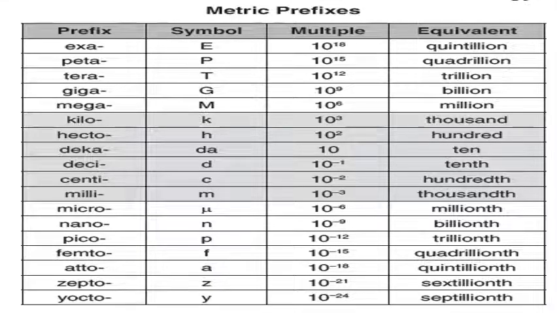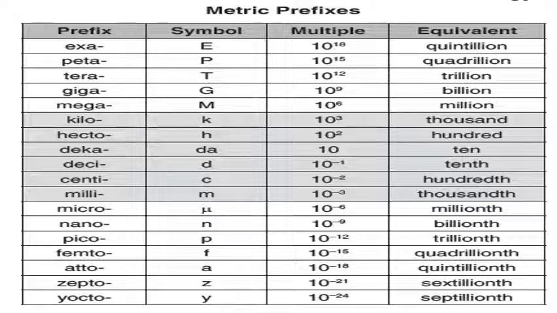Next is peta, with the symbol P, 10 to the power of 15, or a quadrillion. Next is tera, with the symbol big T. It is equal to 10 to the power of 12, or 1 trillion.